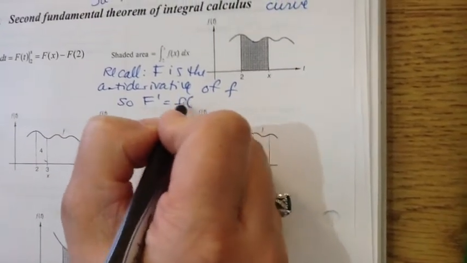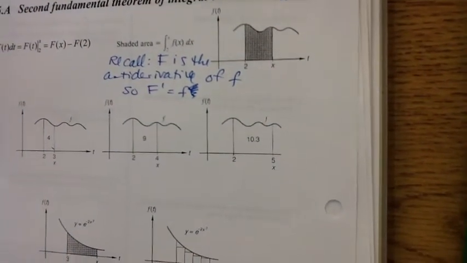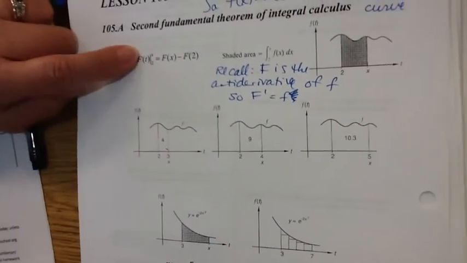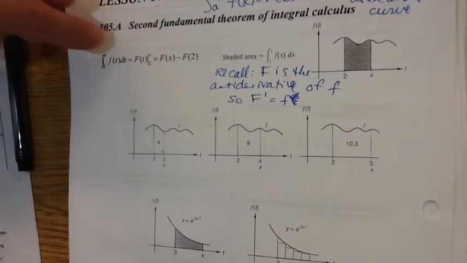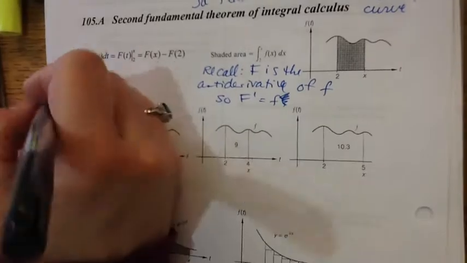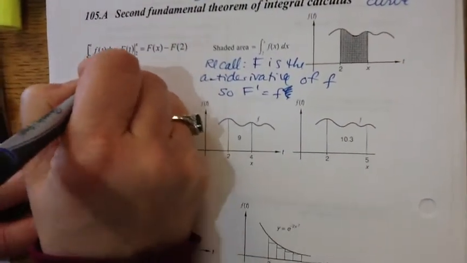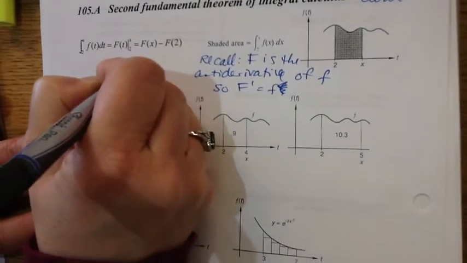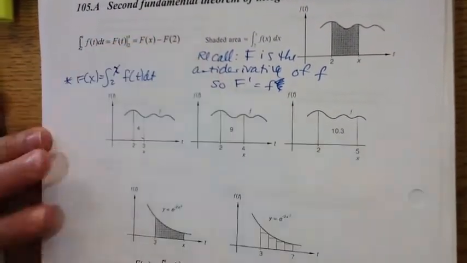Here's my f, and I take the integral, that gives me the original function, and if I take the derivative of this, I'm going to get back to f. So what I want to write down is F of x equals the integral of f of t dt. Oop, this is an x.